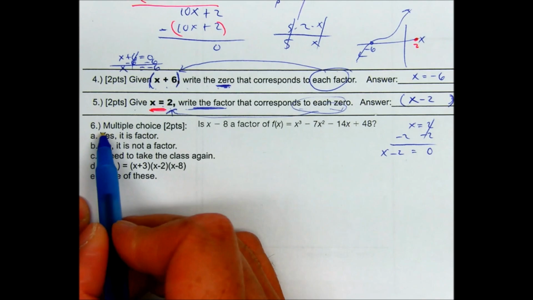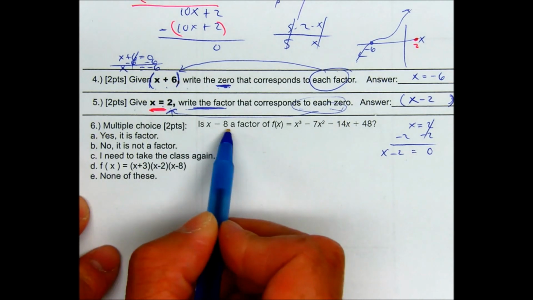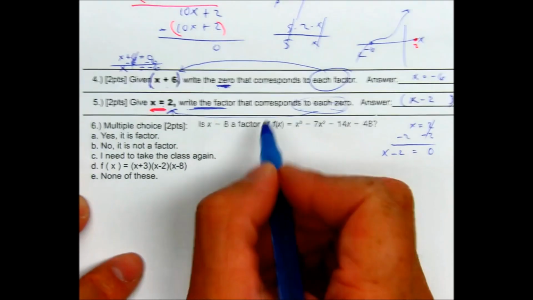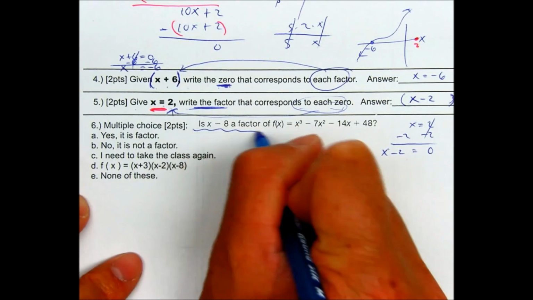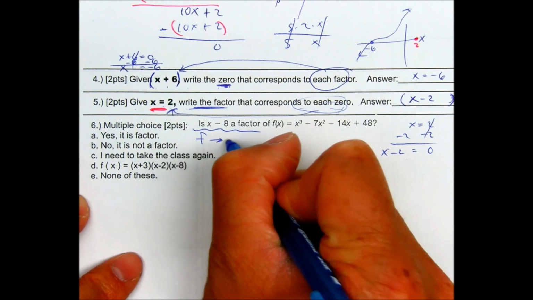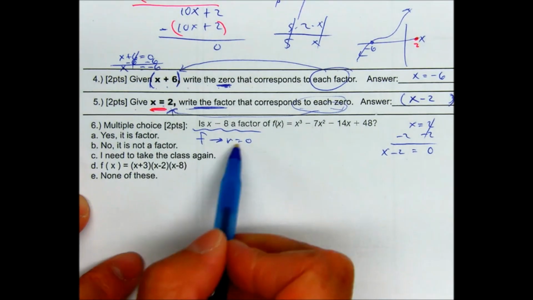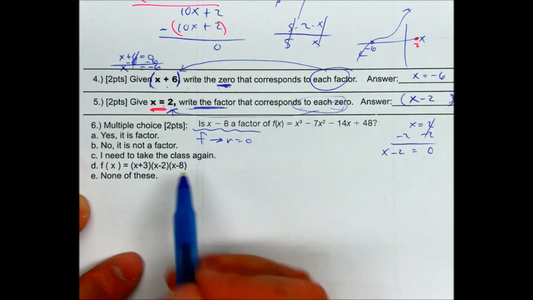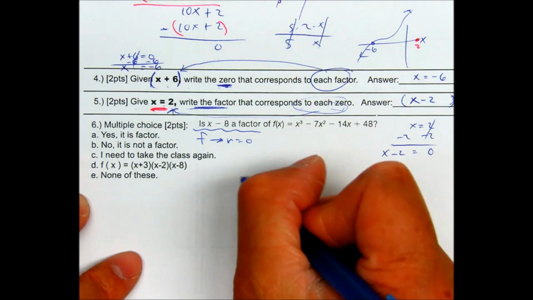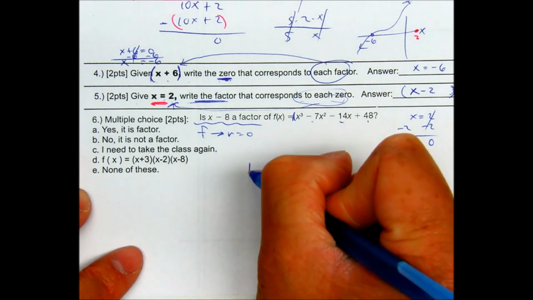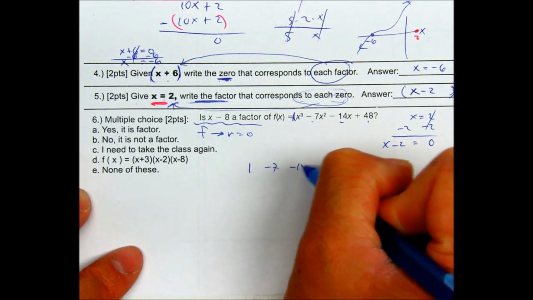Multiple choice: is x minus 8 a factor of all of that? Well, remember, it's a factor if your remainder is equal to 0. How do I find the remainder? I can use the remainder theorem, I can use long division, but I'll use synthetic. So 1, negative 7, negative 14, 48.